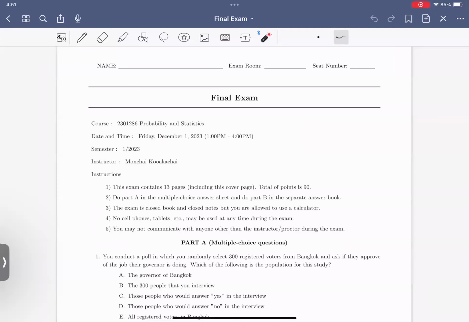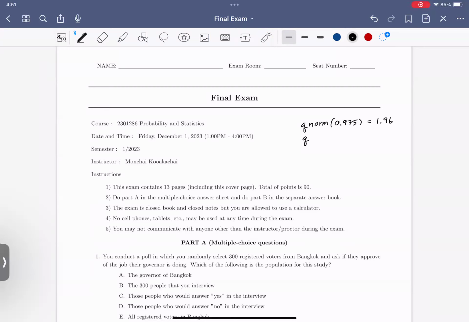And also for this year's exam, we're going to have the value of the qnorm, which is the value that you're going to use to find the critical value for the hypothesis test, and also sometimes it's going to be useful for the hypothesis test as well. Sometimes the qnorm value is given on the cover page. On the final exam this year, I give you qnorm 0.975 equal to 1.96.